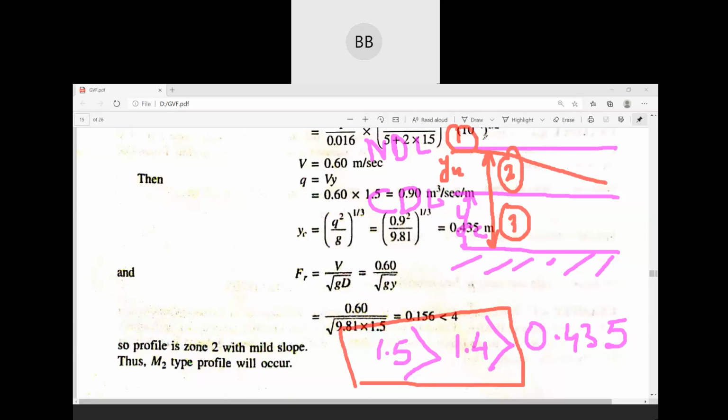Here, due to the fall, there is a reduction in the depth of flow, and that is why it goes to the second zone. So the profile for this numerical is M2, as our profile lies in zone 2 in mild slope.